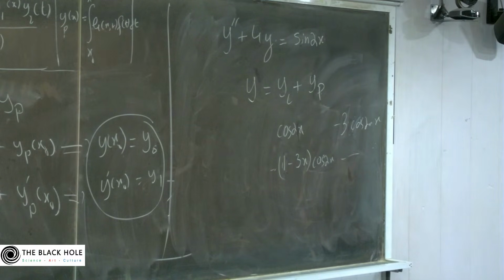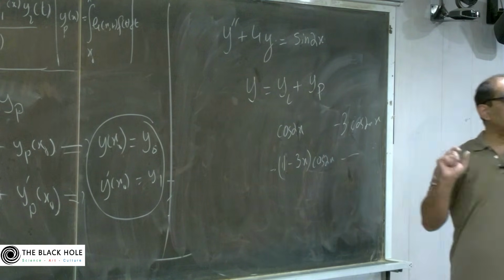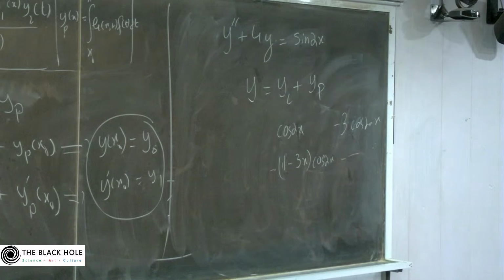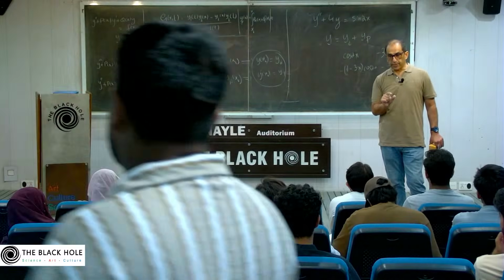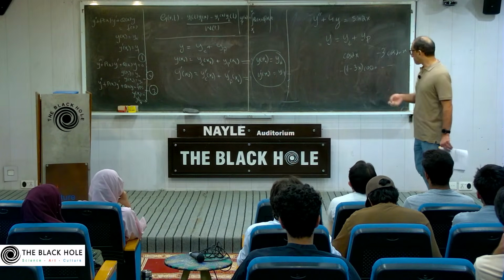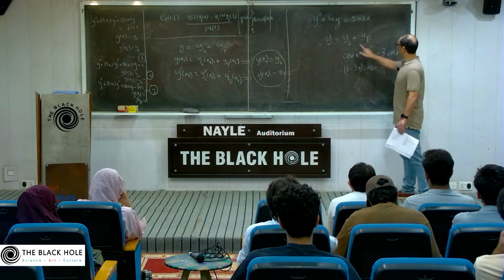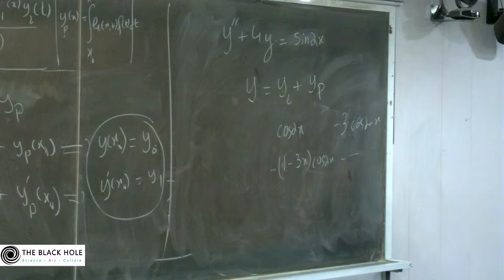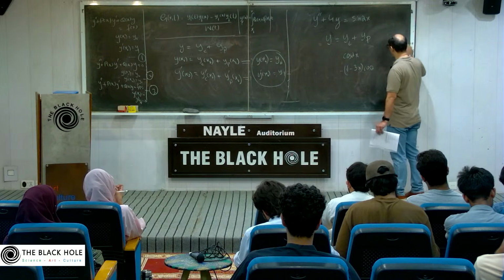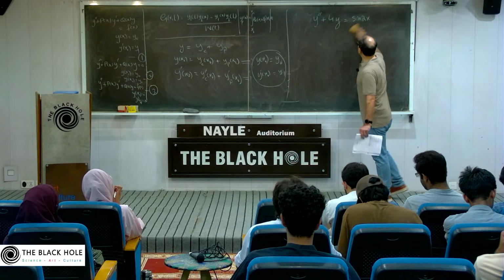So what he says is that by adding similar terms, the only downside is that then you can't see clearly what is the natural response and what is the system's response to an input. So if you write something like this and don't add, then you can clearly separate the two. Once you add and show it to someone, then of course you won't be able to say that this is the solution to the natural response, and that other is the response to the forcing input, a forcing function. So that is something which is instructive.